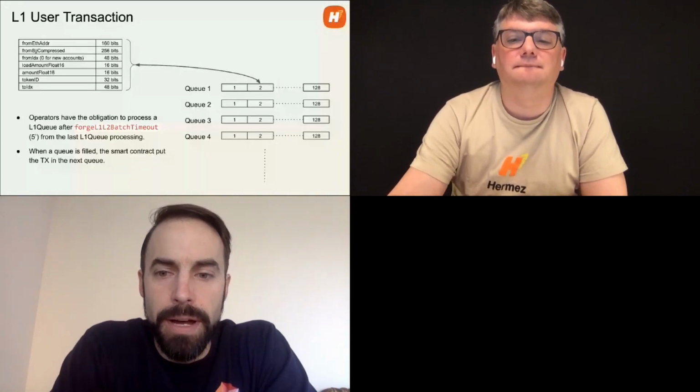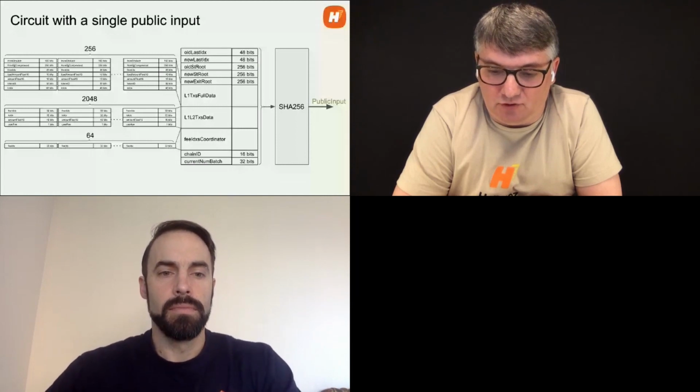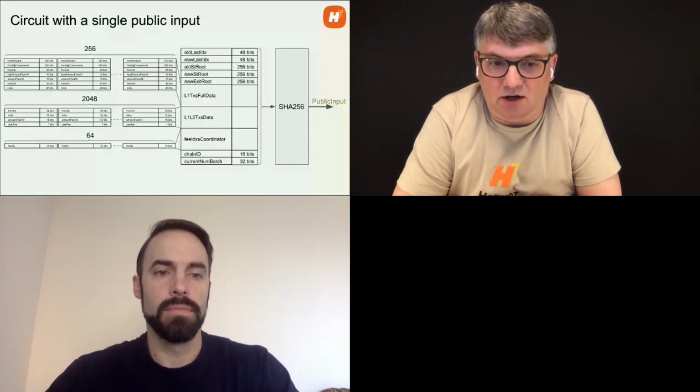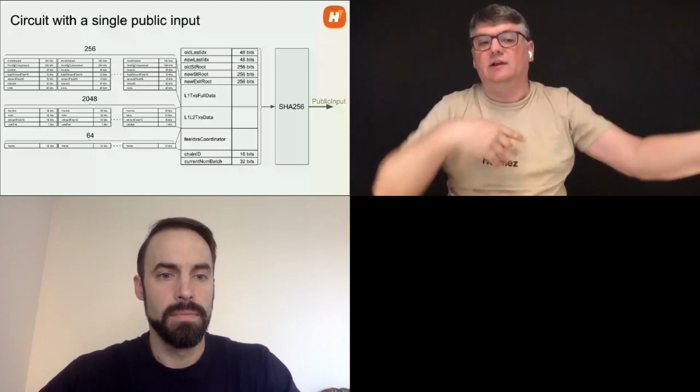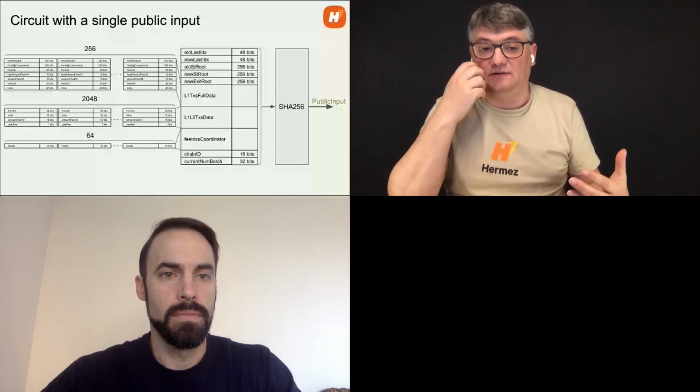And then there's another question, a clarification on hashing to a single public input: is this a technique to save gas fees on verification? This definitely saves a lot of gas fees. It's also very convenient, because we pack them all together, so it also saves constraints inside the circuit.